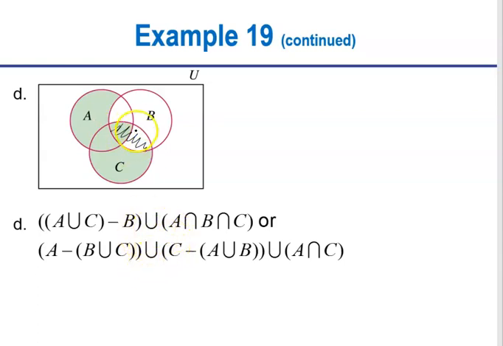You combined with the whole set C, and they're getting rid of this part, and then their union A intersection C. Yes, and that would add that back in. But you might want to spend a little bit of extra time just pausing the video and taking a look at those on your own. It takes some thinking through. And again, notice they're not unique. My answer was probably not quite as streamlined as either of these, but it's the same idea.